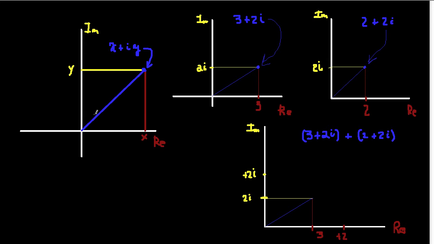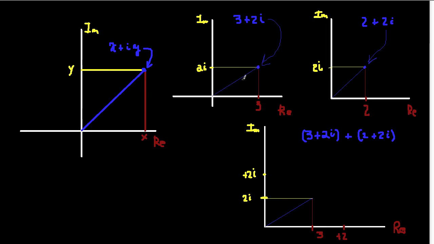Now let's look at a specific example, because I want to show the implication of this kind of representation for a complex number. I'm going to look at the example where I have the complex number 3 plus 2i, and I'm going to add it to the complex number 2 plus 2i. Representing this complex number on our Cartesian axis, we go out on the horizontal axis to the number 3, and then we go up on the vertical axis to the number 2, or 2i, and this represents our point 3 plus 2i.